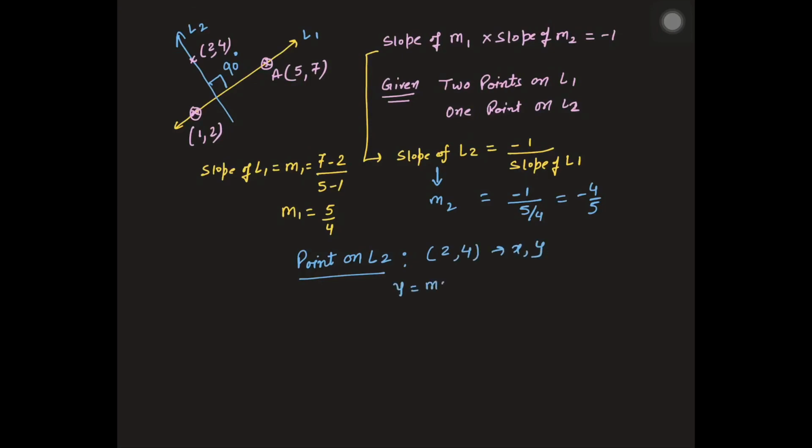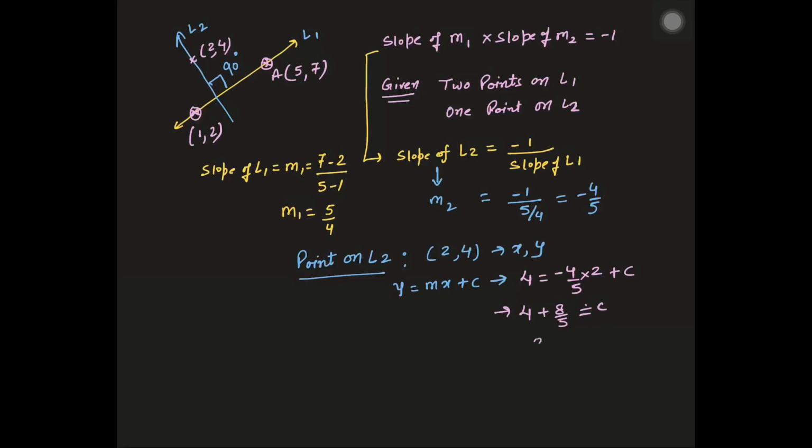So y equals to mx plus c. Substitute the values of m, x and y. So y was 4. 4 equals to -4 over 5 times 2, because 2 is x, plus c. Work out this fraction nicely. So -8 over 5.